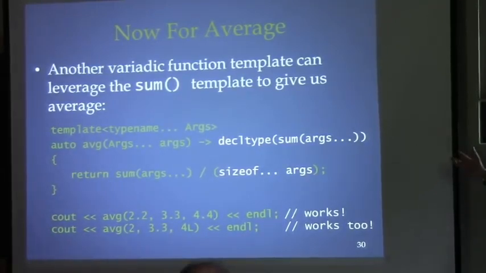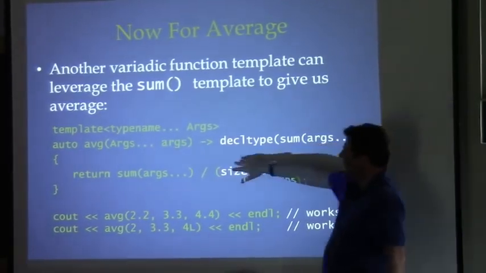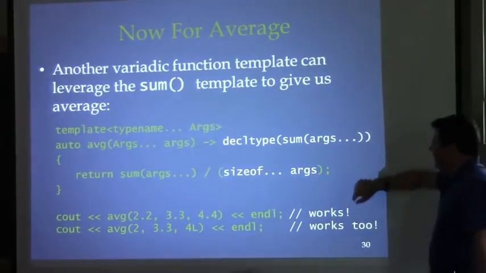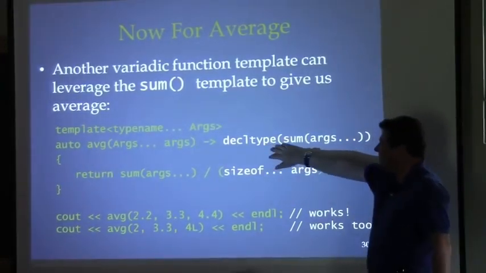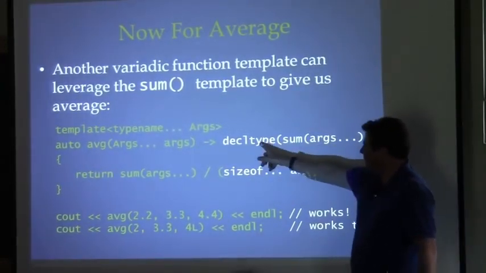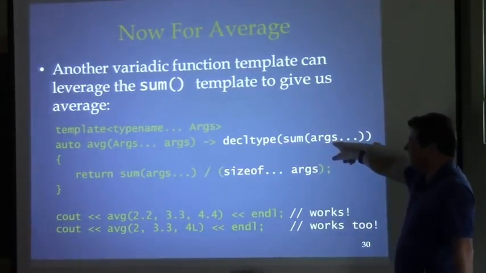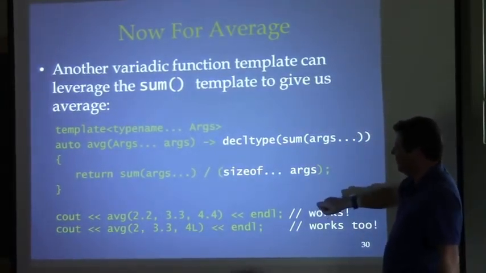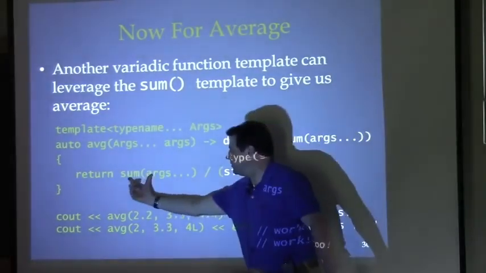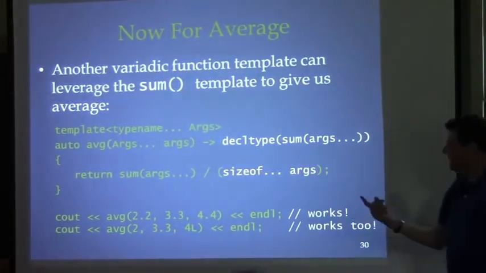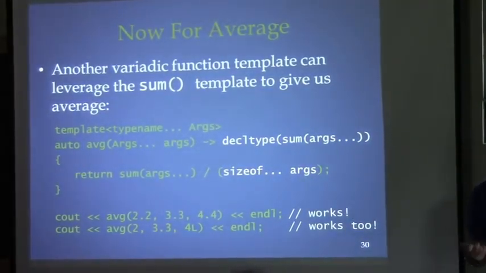But now average is really a simple extension. So here is the average variadic template. And notice I am using decltype here to return the average. It's whatever the decltype is of the sum of all of the arguments. And I know I can do the sum, so all I need is a way to know how many things were there, because I'm going to divide the sum by that number.